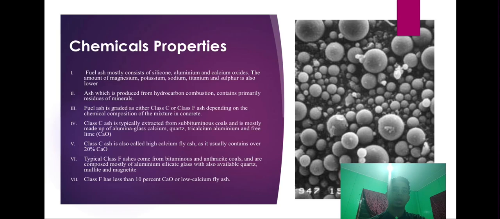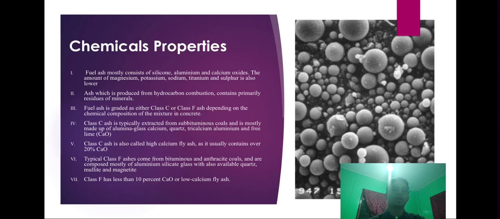Class C fly ash is typically extracted from subbituminous coal, and it is mostly made up of aluminium glass, calcium, tricalcium aluminate, and free lime.